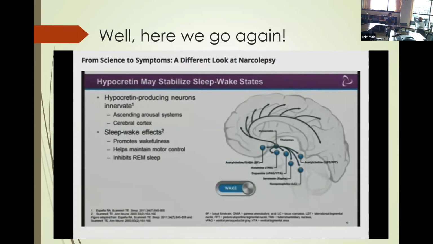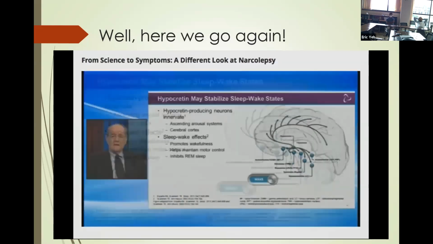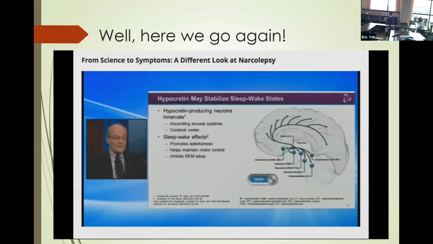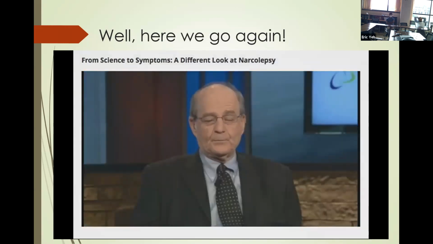It arouses the cerebral cortex, promoting wakefulness, but equally important, it inhibits REM sleep, prevents REM sleep from occurring, and helps you maintain motor control, so you have full control of musculature throughout your waking period.